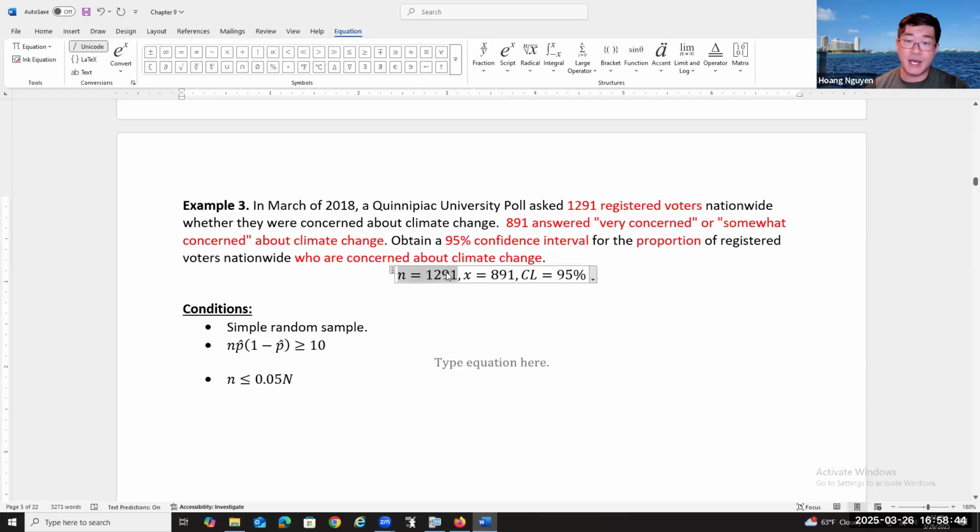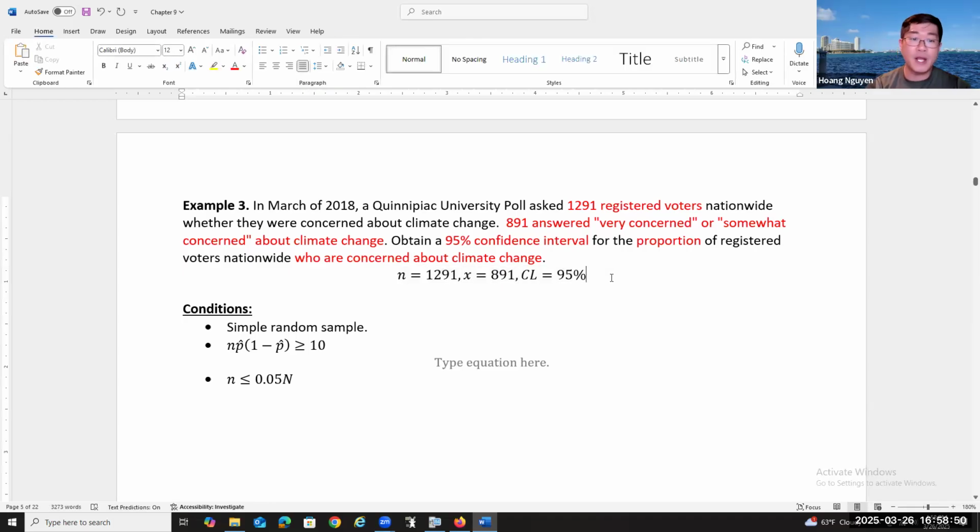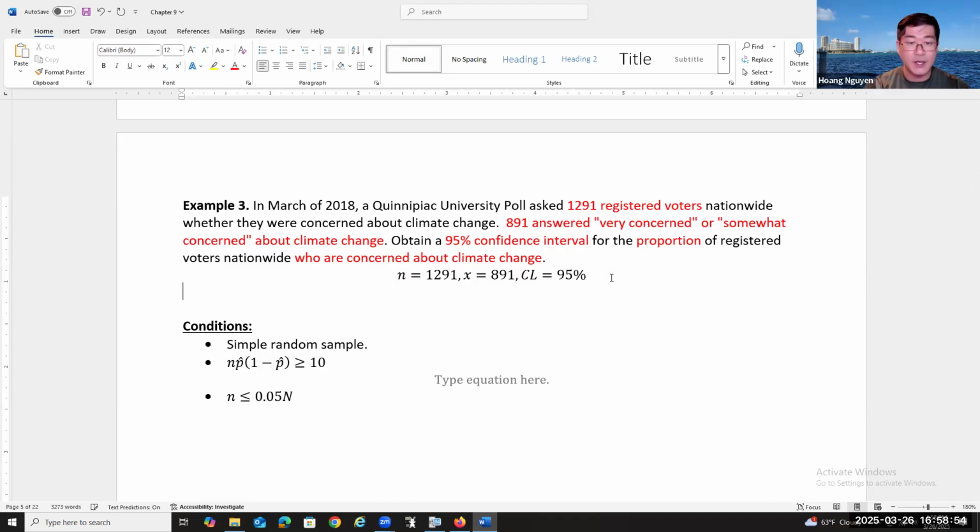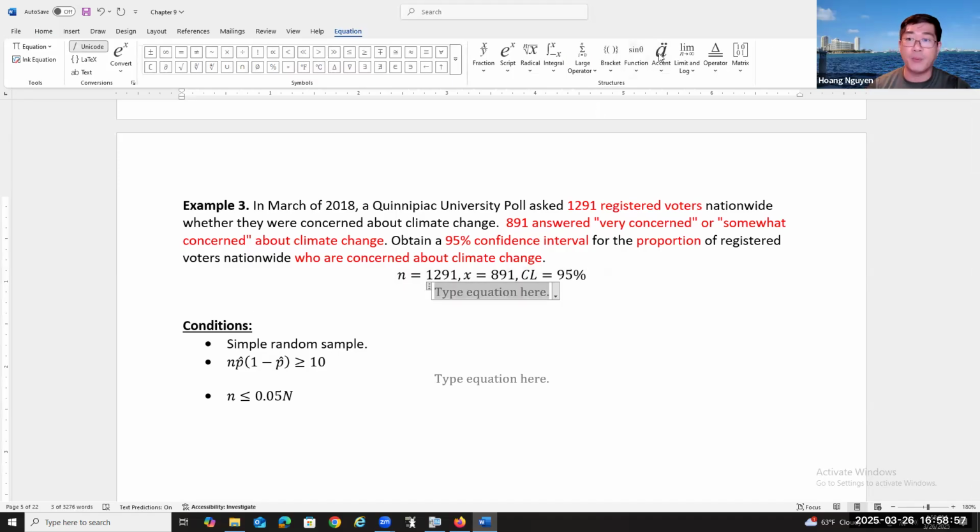We know the sample size n now. We know x is 891, and the C level is 95%. So we need to know the p hat, and the p hat is the sample proportion. So we need to calculate the sample proportion p hat. You guys remember how we calculate the sample proportion p hat, right? So p hat is equal to x over n.